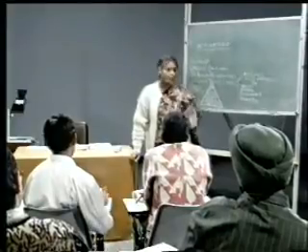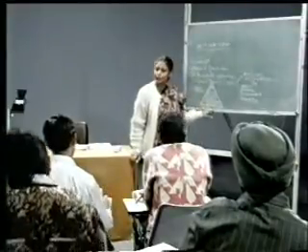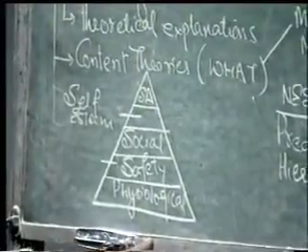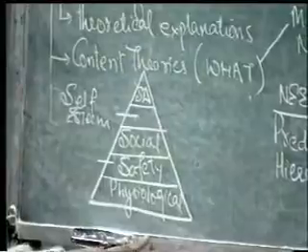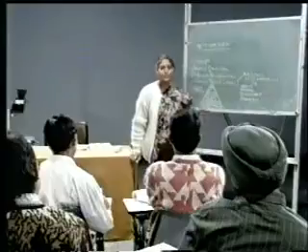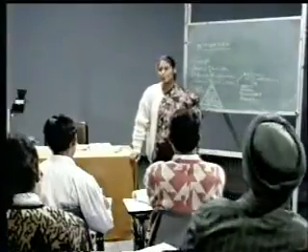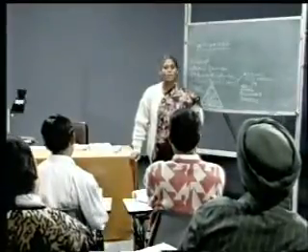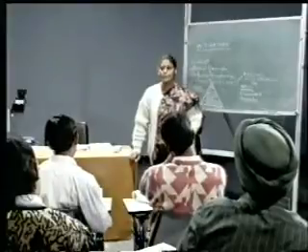Say, for example, somebody joins your organization as a daily worker. He is joining a job to satisfy some of his physiological needs. He is not getting any job, so he takes up a job which is readily available to him.